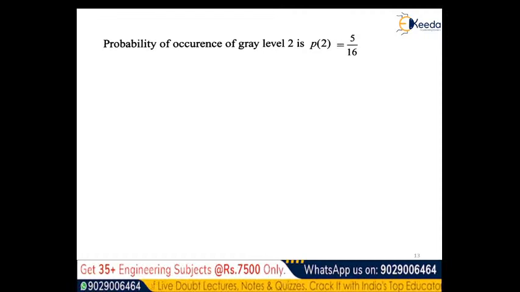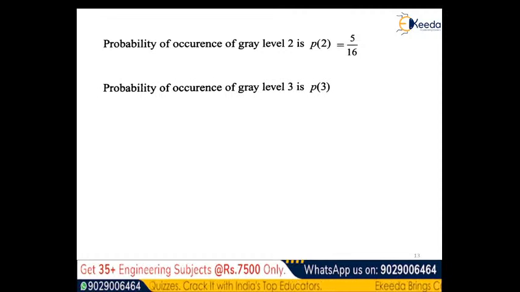And at last we require the probability of occurrence of the last gray level, which is 3, represented as P of 3. This is the representation of the probability of occurrence of a certain gray level, where the gray level value is written inside the parentheses. Similar is the case in the earlier representations as well.